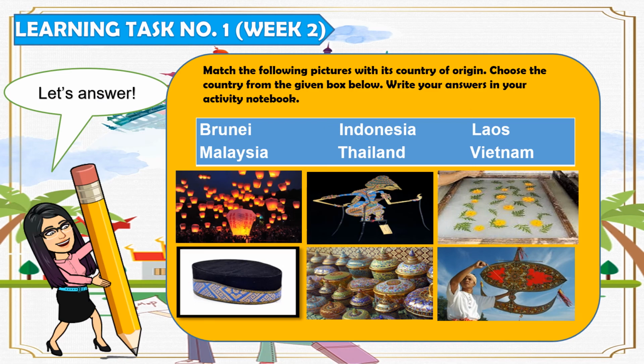Okay, so for your learning task number 1 for this week, you are going to match the following pictures with its country of origin. Choose the country from the given box below. Write your answers in your activity notebook. So I'm giving you 5 minutes to do this task.